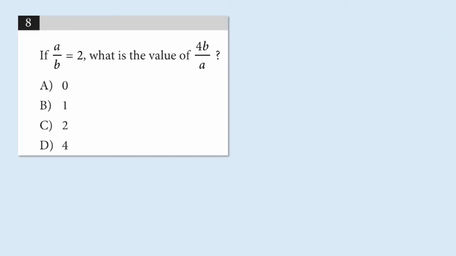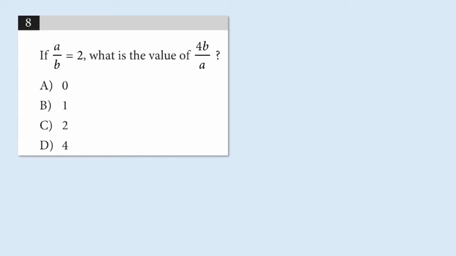I actually like this problem more than just your typical algebra problem that asks you to solve completely for x, because we're starting with an expression of a over b, and they're asking us to find out what 4b over a would be. And I'm not sure what the specific value of a or b is, but we can manipulate a over b to get it to be 4b over a.